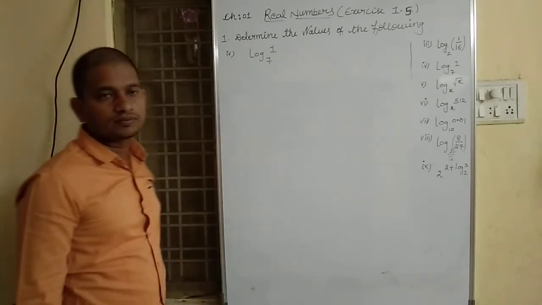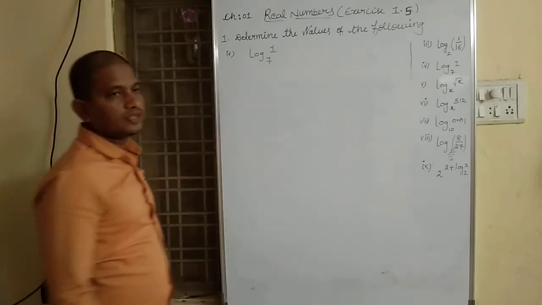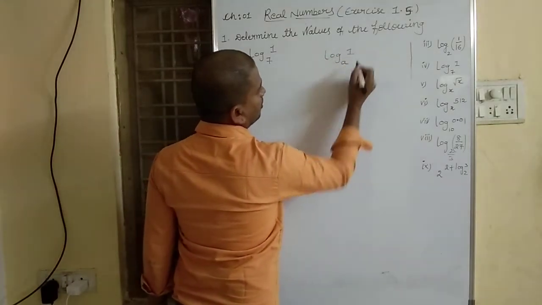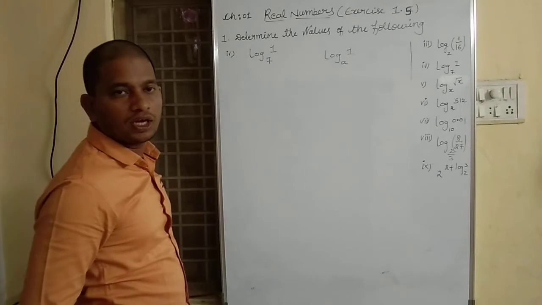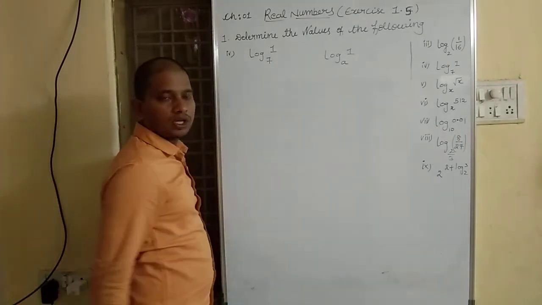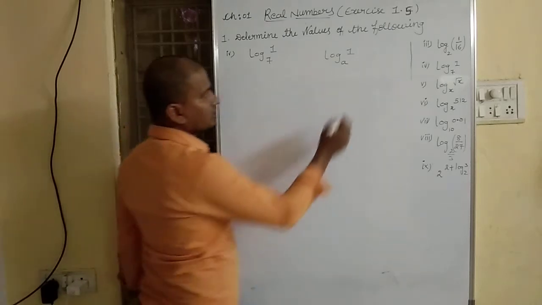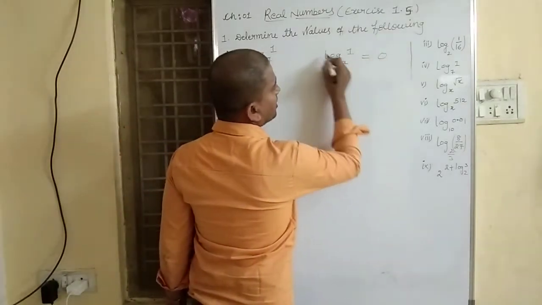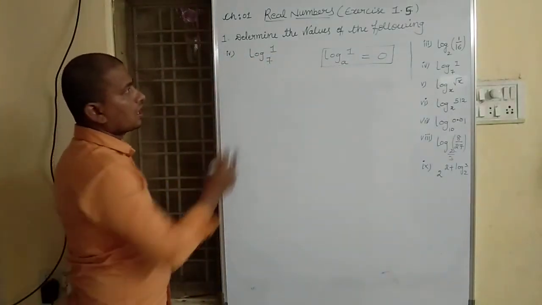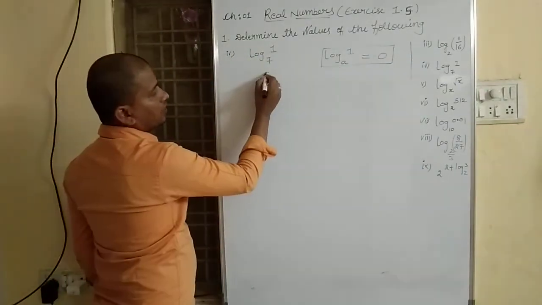As we know, what is the value of log 1 to the base a? By the properties, the laws of logarithms, log 1 to the base a is equal to 0.